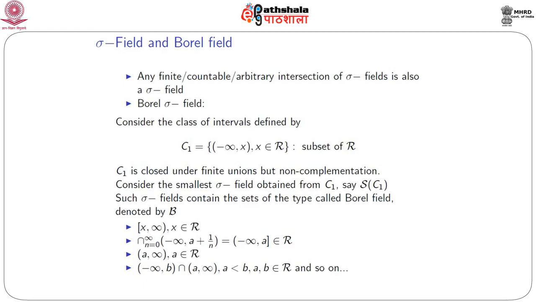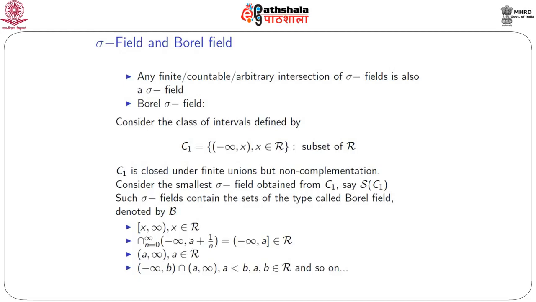We define it by script B, and it contains different sets like x to infinity, where x belongs to R, the intersection over n from 1 to infinity of the interval minus infinity to a plus 1 over n. Then we have a to infinity, a belongs to R, or you can have minus infinity to b and a to infinity, a less than b, b belongs to R, and so on.